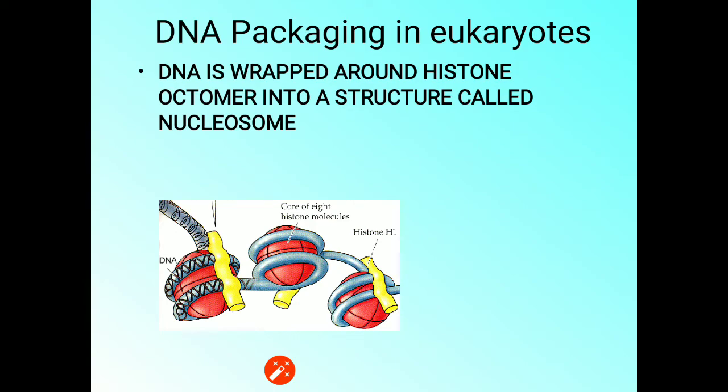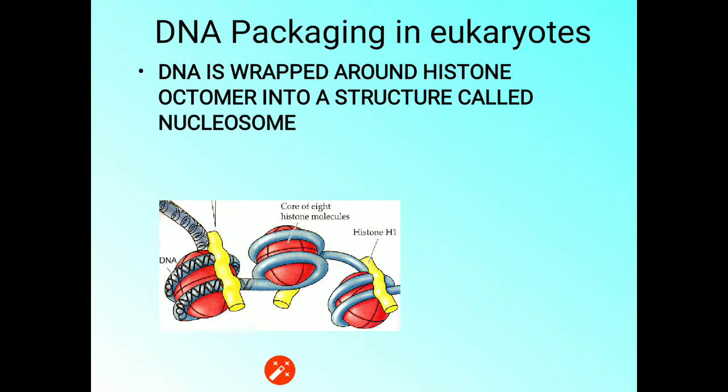The chromatin fiber condenses at the metaphase stage of cell division to form chromosomes. The packaging of chromatin at a higher level requires an additional set of proteins called non-histone chromosomal proteins.